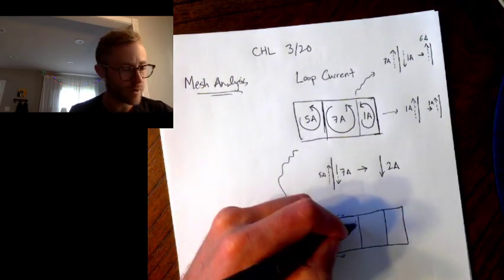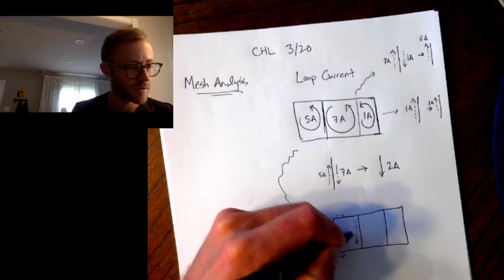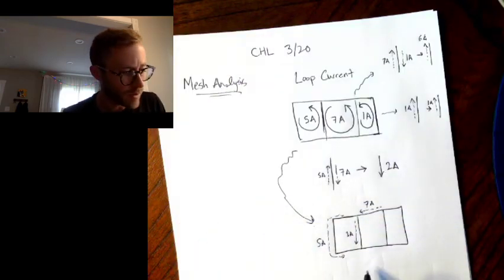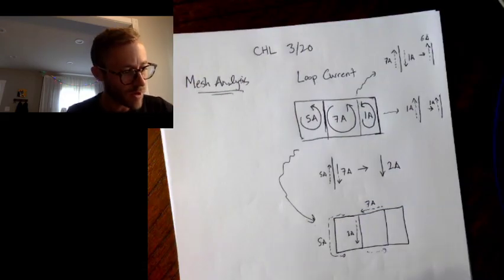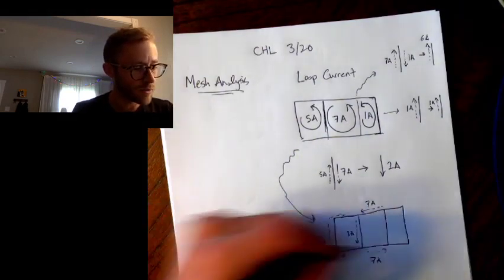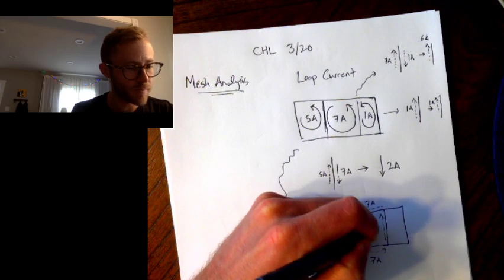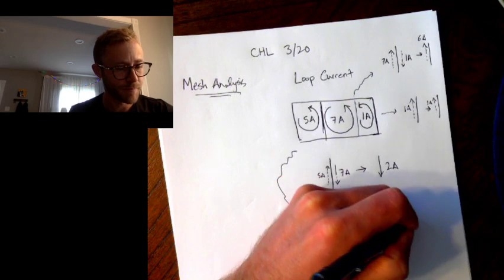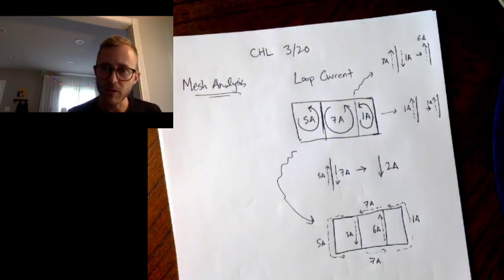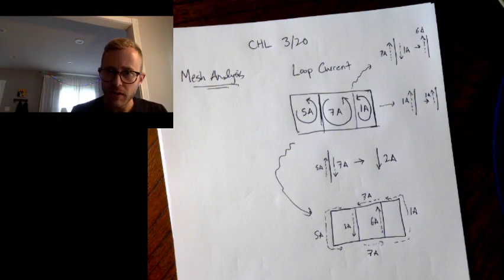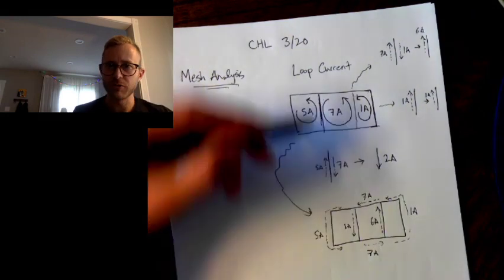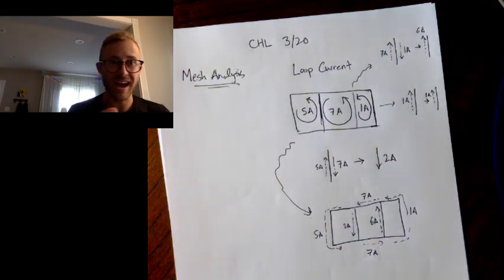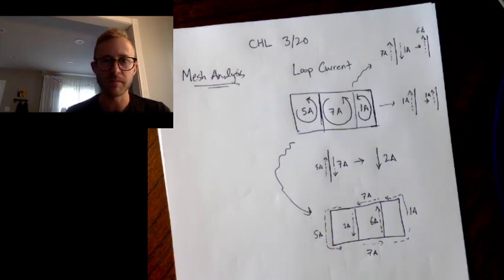This would have 2 amps going down. This would have 7 amps going across. This would have 7 amps going across. This would have 6 amps going up. And this would have 1 amp going around. So this is the circuit written in terms of loop currents, and this is the circuit written in terms of the actual physical real current that is flowing.